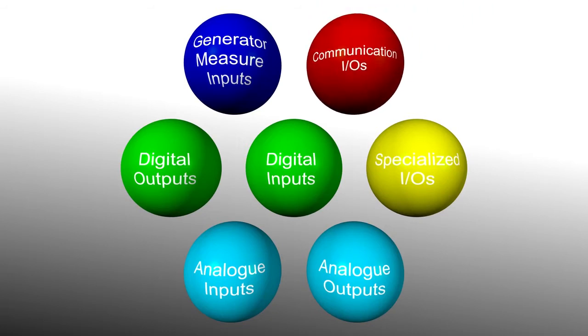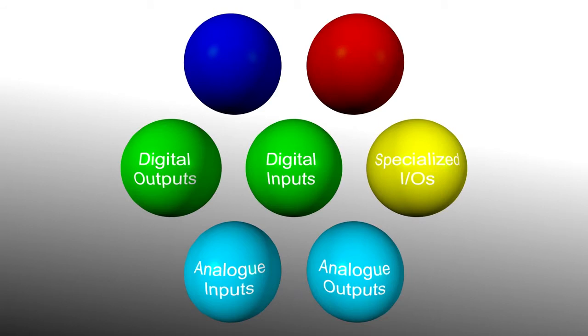In this tutorial, we are not going to cover the generator measure interface and the communication interfaces. Moreover, since GC315 doesn't have any analog outputs, we'll take into account the remaining 4 categories. But let's start our tour.